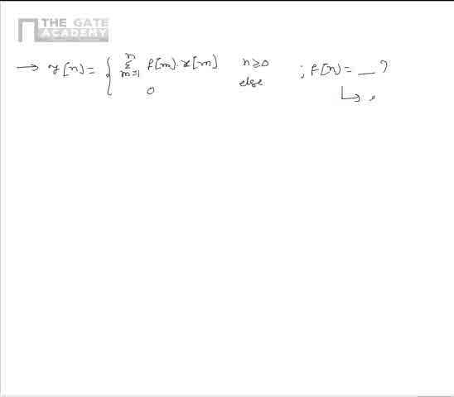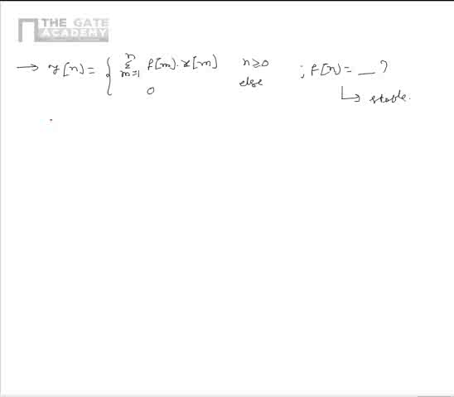There is a discrete time system which is represented as y of n is equal to sigma m equal to 1 to n f of m multiplied by x of m. This is for n greater than or equal to 0, and y of n is 0 otherwise. We have to find the value of f of n for which the given system would be stable.